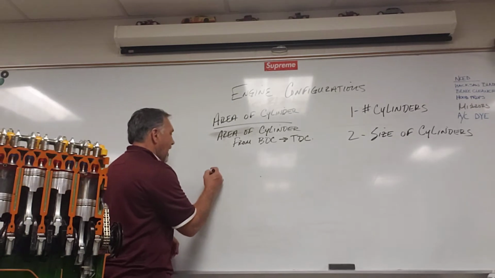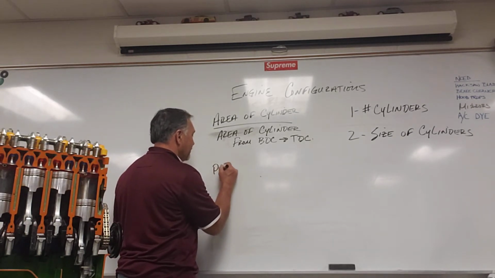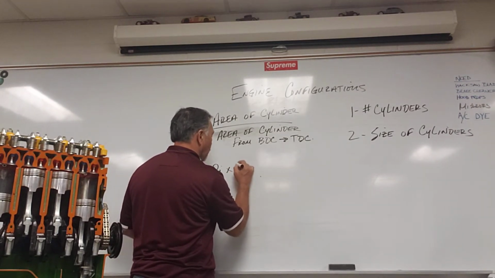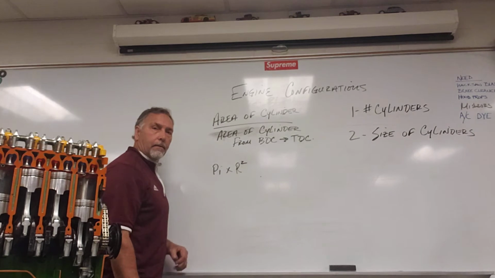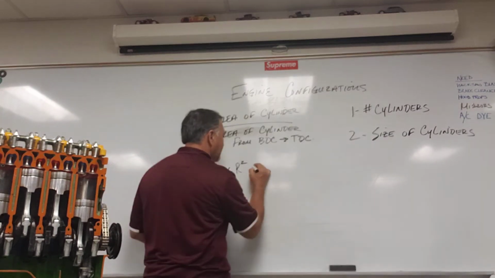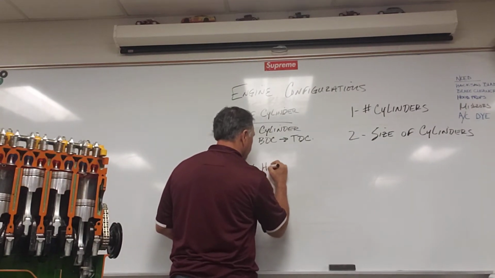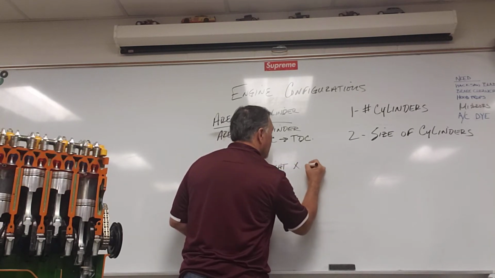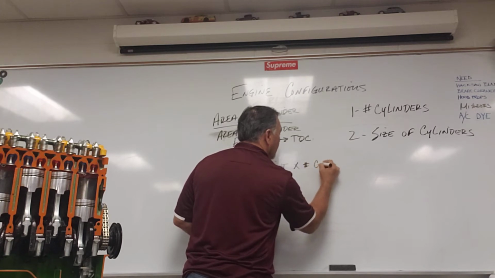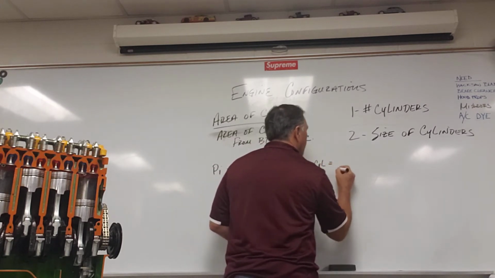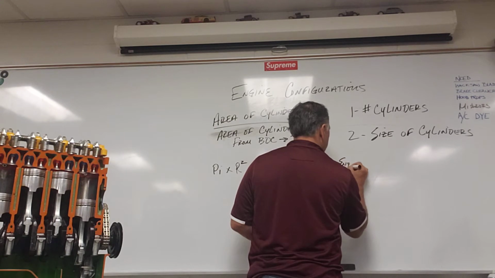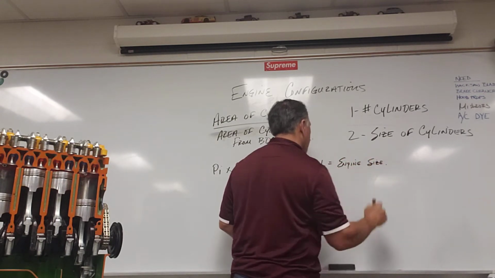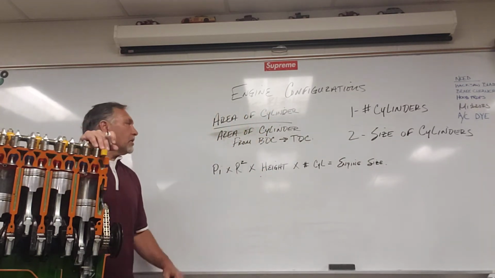The way that we do that is we take pi, 3.14, times the radius squared, times the height, times the number of cylinders, equals engine size. So that's how we determine our engine size.